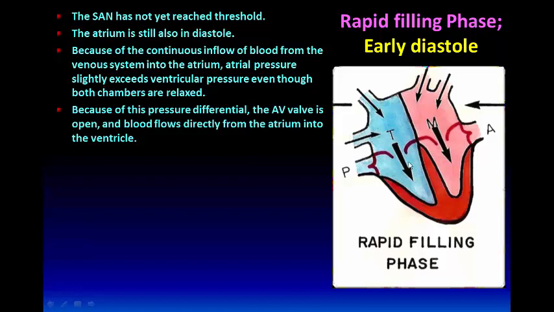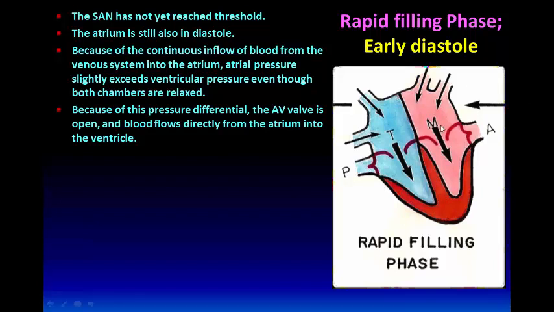And for simplicity in describing the mechanical phases of the cardiac cycle, we shall focus on the mechanical phases of the left side of the heart, and then we will compare these mechanical phases with the mechanical phases in the right side of the heart.